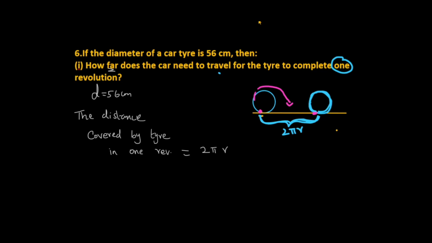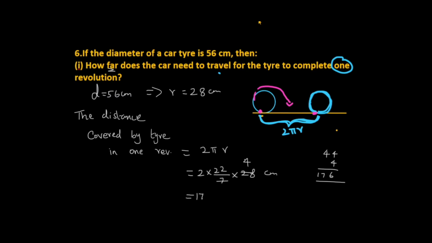So diameter is 56, radius is 28 centimeter. Half of 56, 28. 2 into 22 by 7 into 28 centimeters. So we can cancel this 4 times. Now 44 into 4, 16, 176.